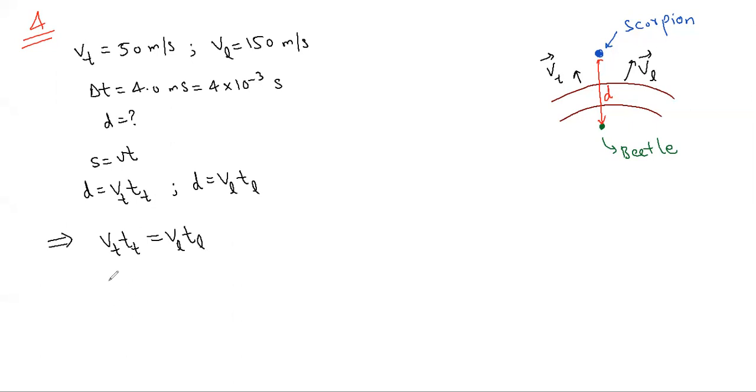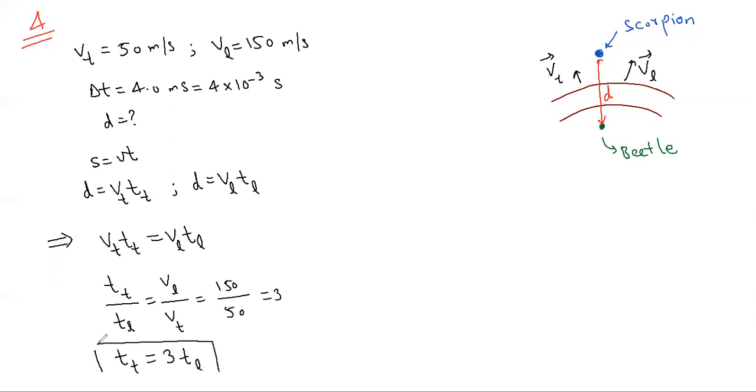By rearranging, I will get t sub t by t sub l equals v sub l divided by v sub t. So this is 150, this is 50, this is 3. So t sub t is 3 t sub l. This is the relation between times of longitudinal and transverse wave.